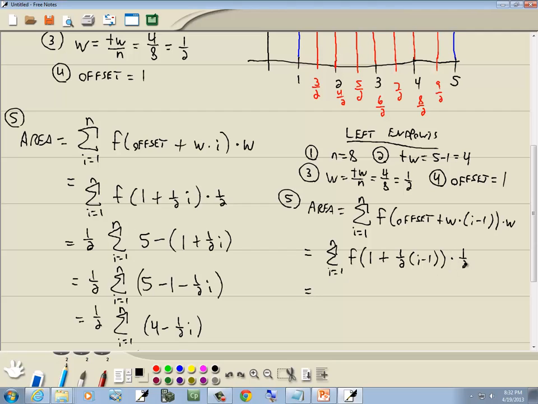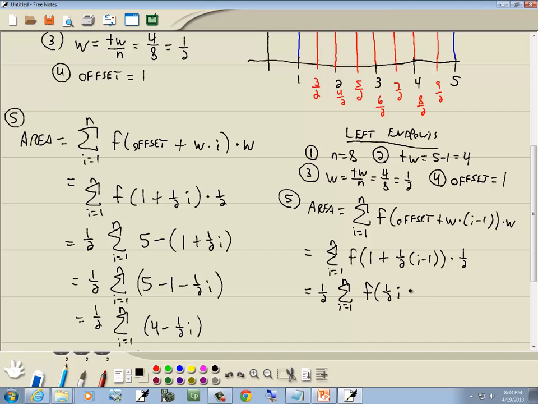Now again, whenever you have a number like that, you can just put the number out in front, so you don't need to worry about it. Then the summation from I equals 1 to n, and just to make sure I have enough room, I won't show all the steps here. But 1/2 times I is 1/2 I. 1/2 times negative 1 is negative 1/2.